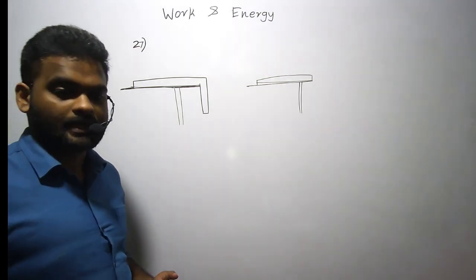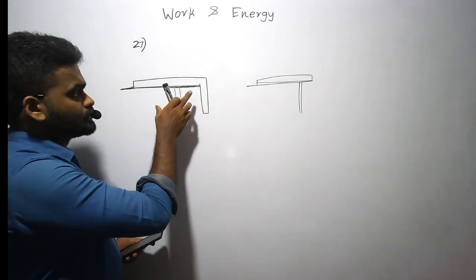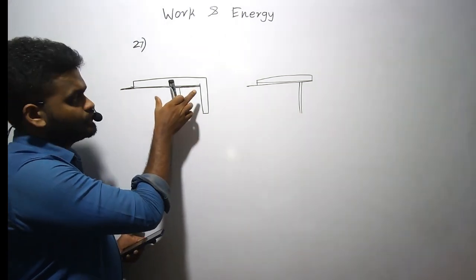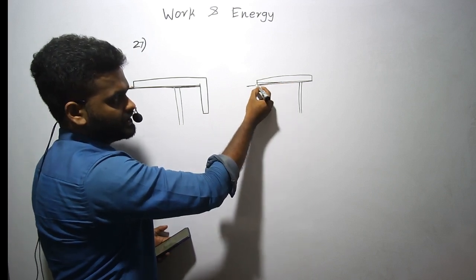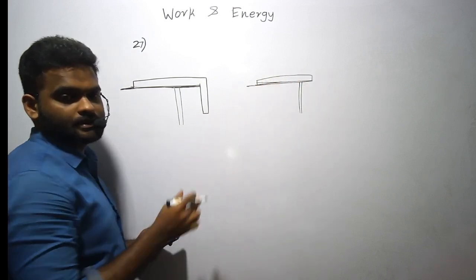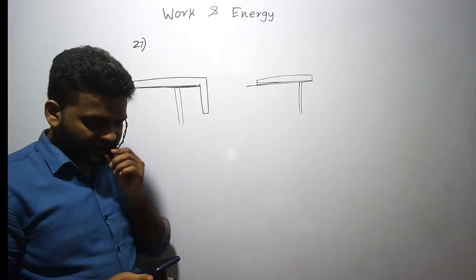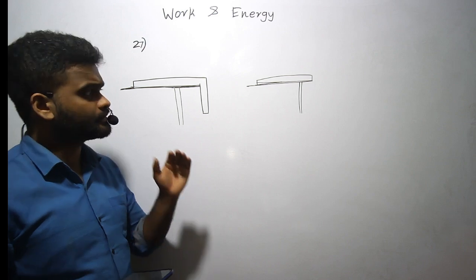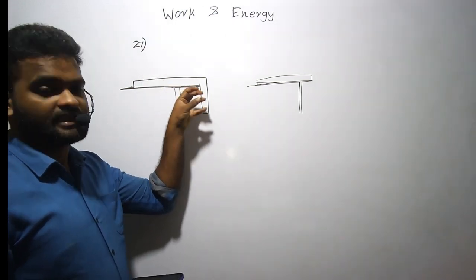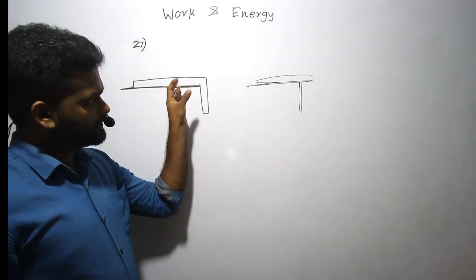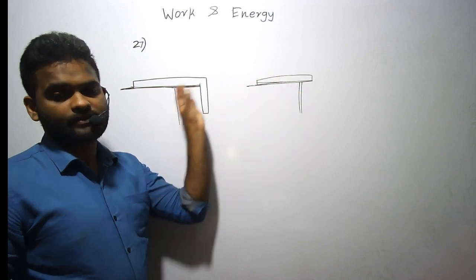Okay, now listen, right? So this is one case. You have to pull that and get the chain onto the table like this. What they ask is the minimum work required. So to find that, when you think about these two cases, potential energy is different.